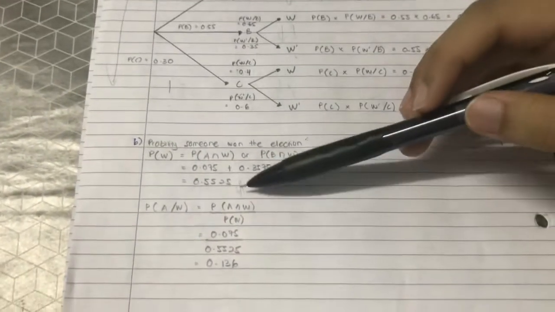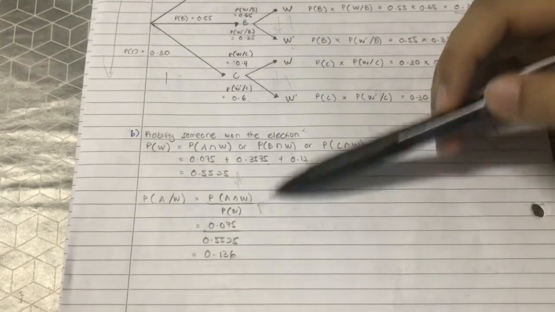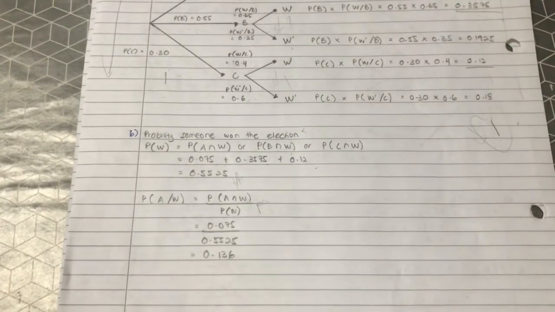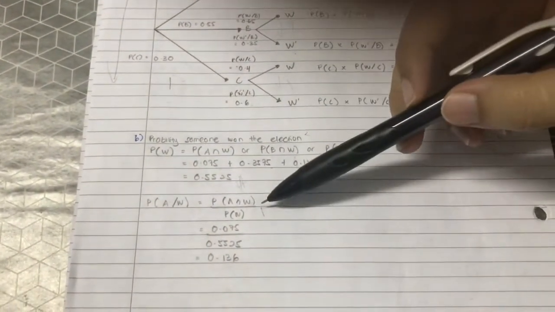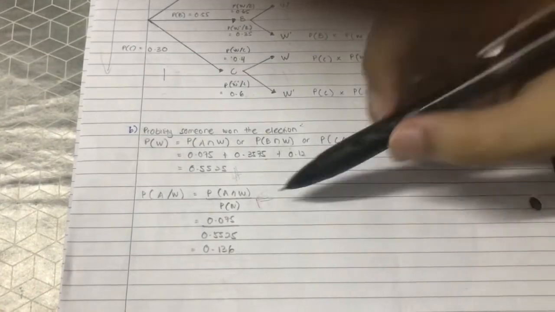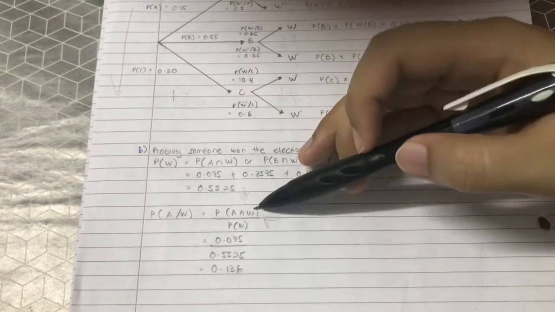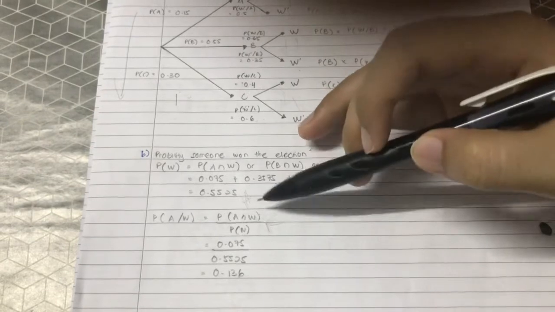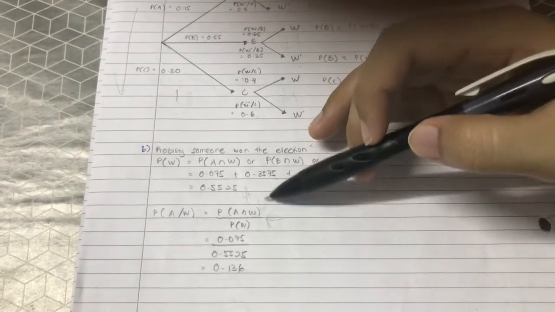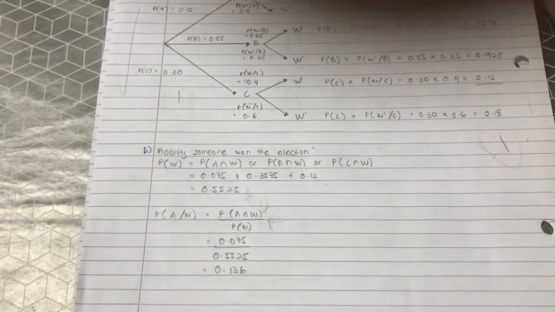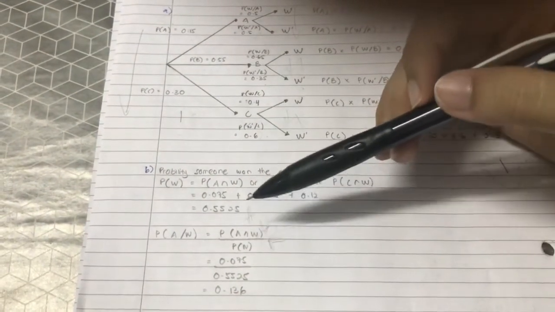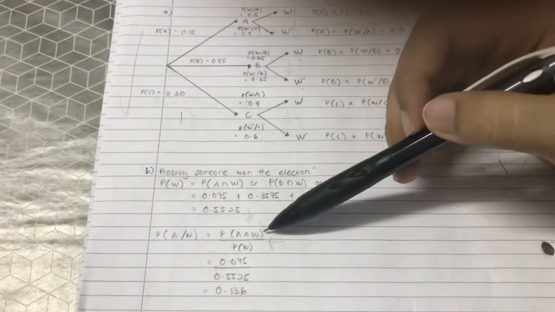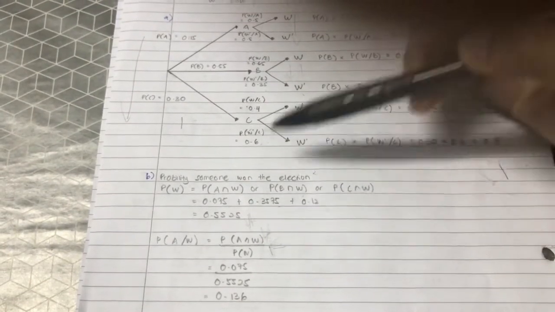After you get this answer, you need to find the probability for Mr. Chong to win. This is the formula. Just remember there are two parts, up and down. For the upper part, you just need to find the number from the tree diagram.